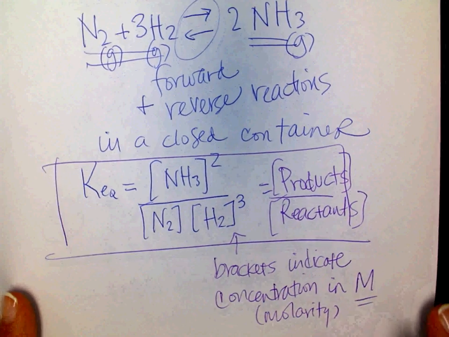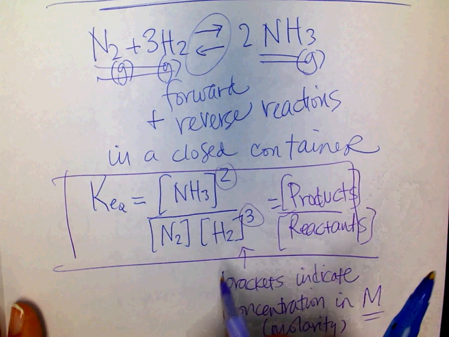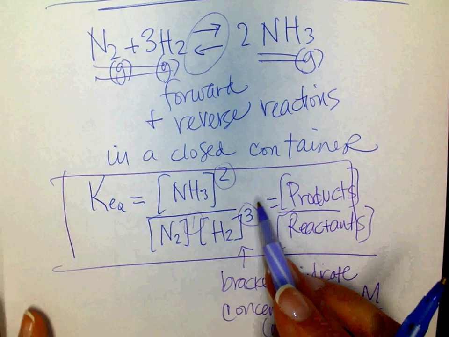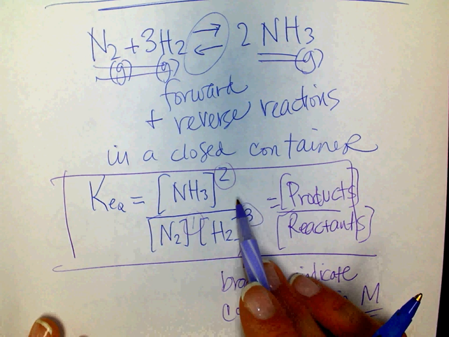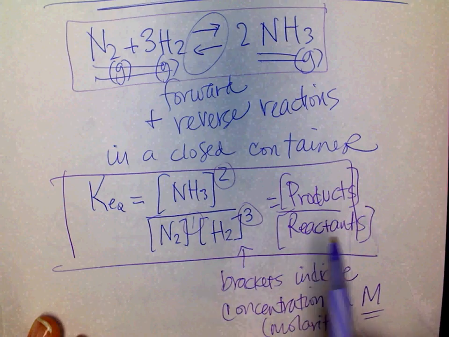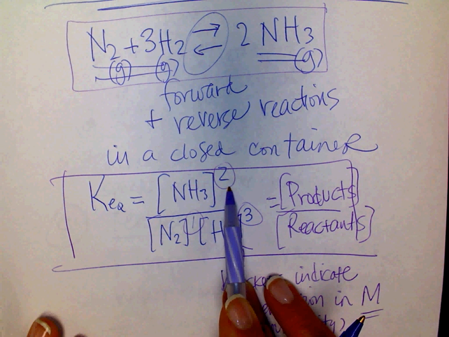Now, where do you think these exponents come from? Where do you see that 2 in our chemical equation? Put your pencils down and look up here. Stop writing and answer the question.